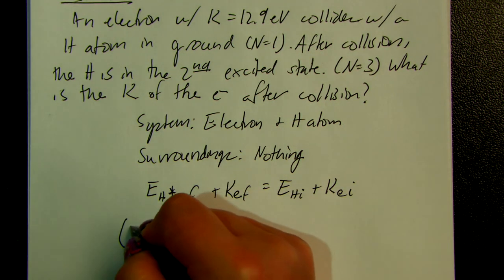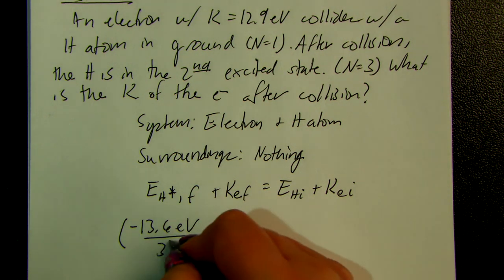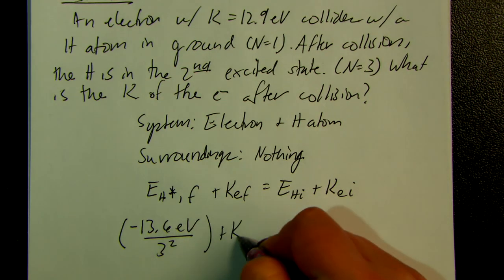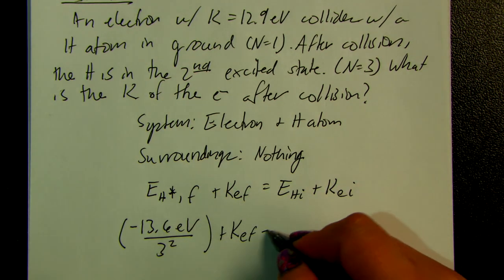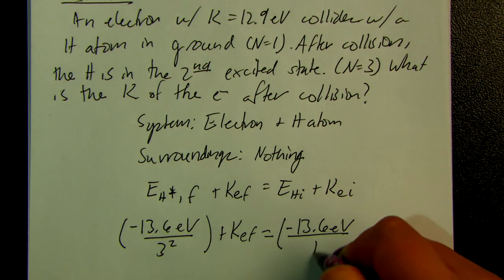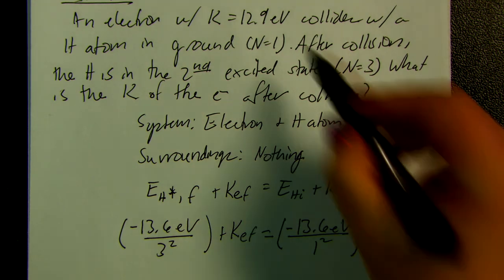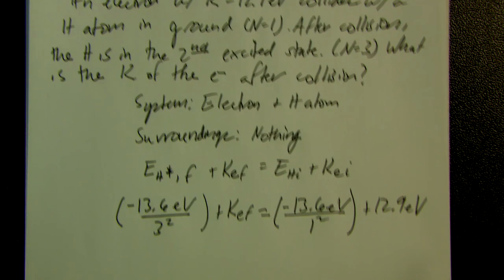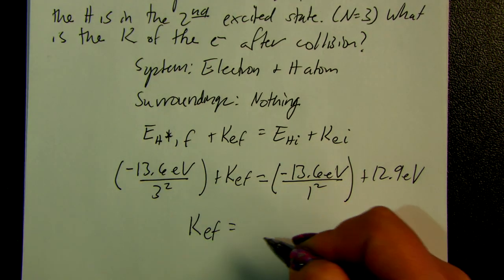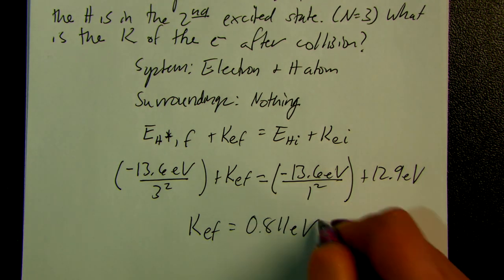All right, plugging in our known numbers, we have minus 13.6 eV over 3 squared, because it's in the n equals 3 state at the end, plus the kinetic energy of the electron final, which we don't know yet, and this is equal to minus 13.6 eV over 1 squared plus 12.9 eV, the original kinetic energy of the electron. So then we just do a little algebra, and we see the final kinetic energy is 0.811 eV.